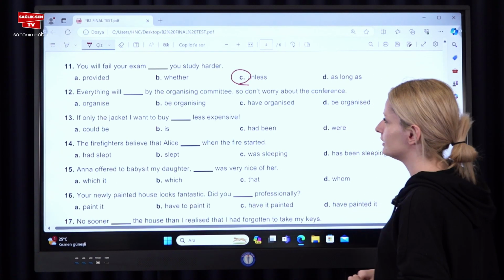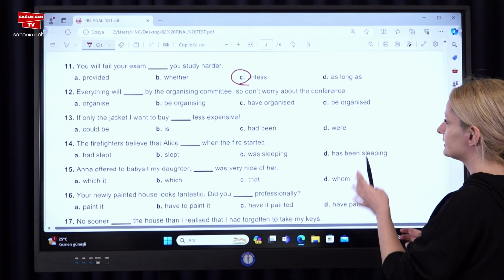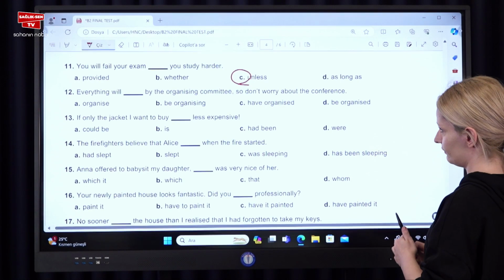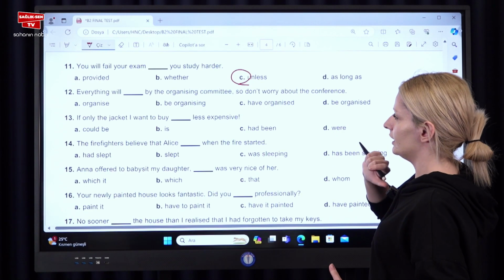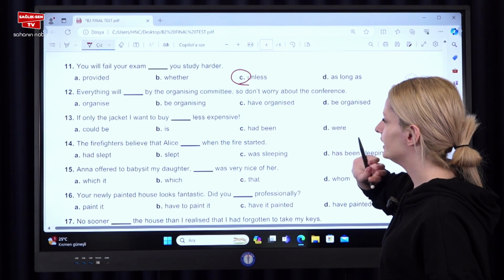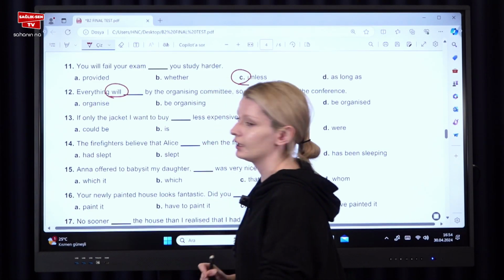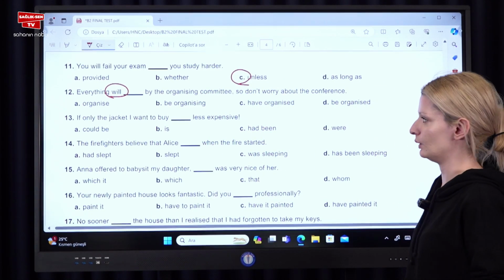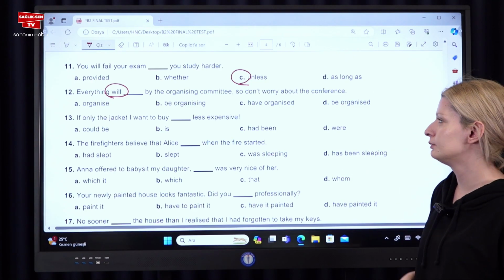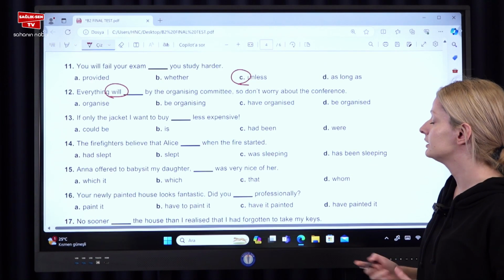Everything will, blah blah, by the organizing committee, so don't worry about the conference. The thing is, here we need to find something appropriate in this one. Everything will, blah blah, by the organizing committee.